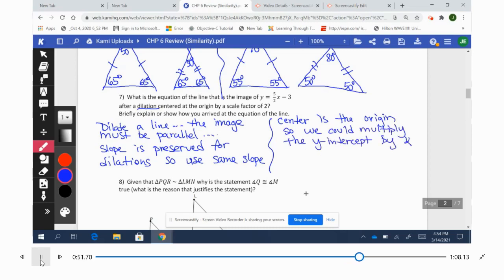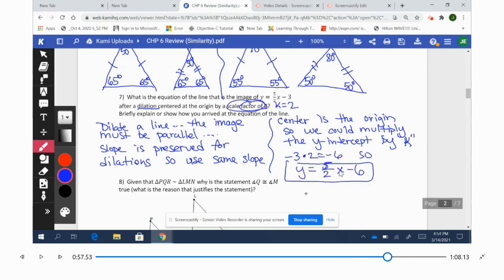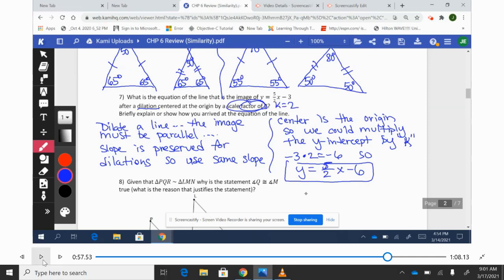And that only works when the center is the origin. If the center is not the origin, we're going to have to do something else. Okay, so now that we've got the y-intercept, we can just put the equation together. Y equals 5/2 x, same slope, minus 6, different y-intercept, and that's the equation of the line.